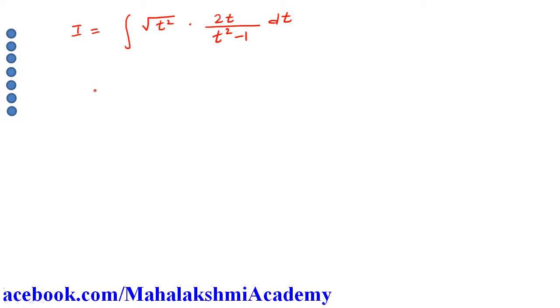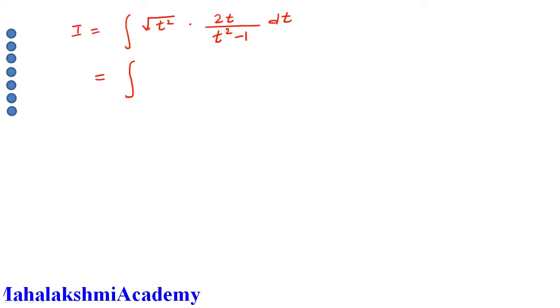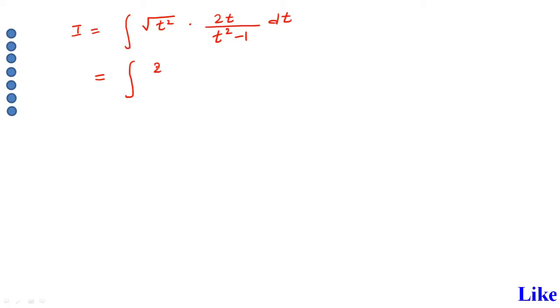Now we'll solve this. When we solve this, we get the integration symbol, and the root and square will cancel each other, so we will obtain only t. This t multiplied by this t. This 2 is also a coefficient, so in integration we can write it outside. So this 2 is a multiple, and I am writing it outside.